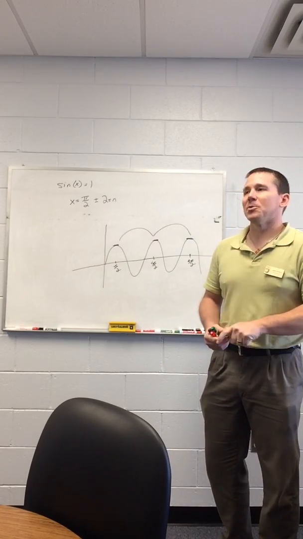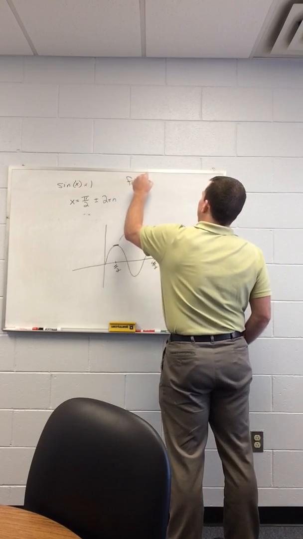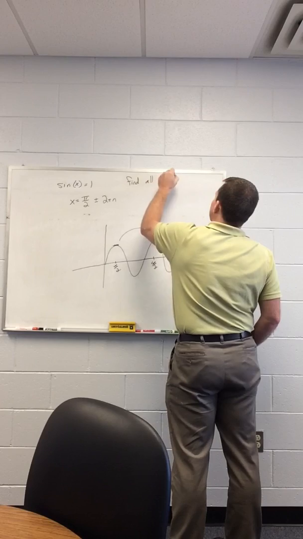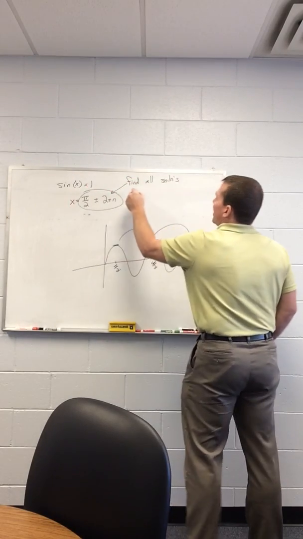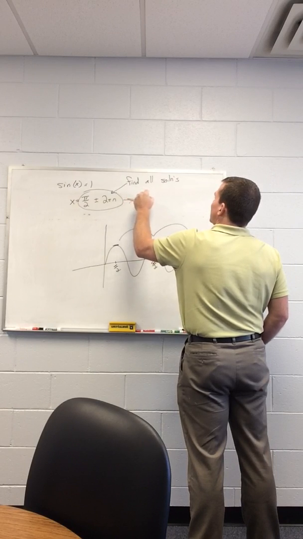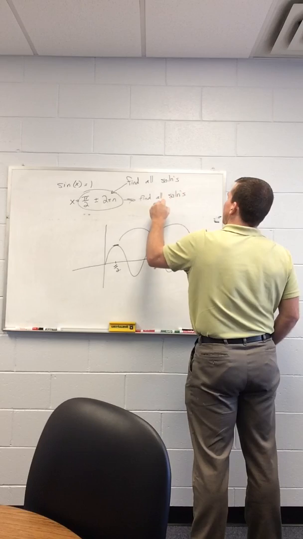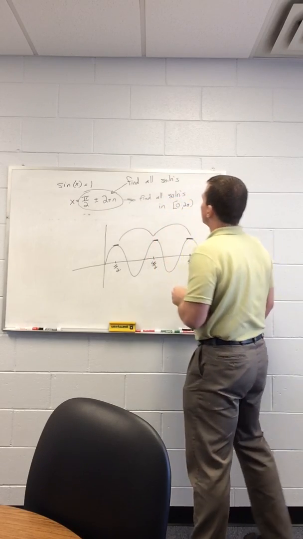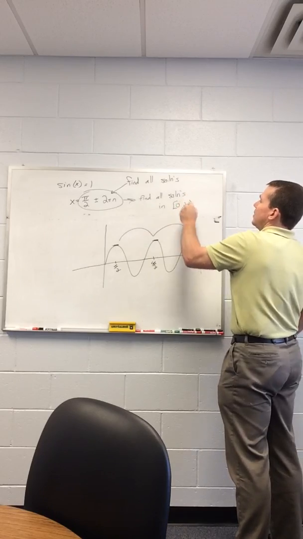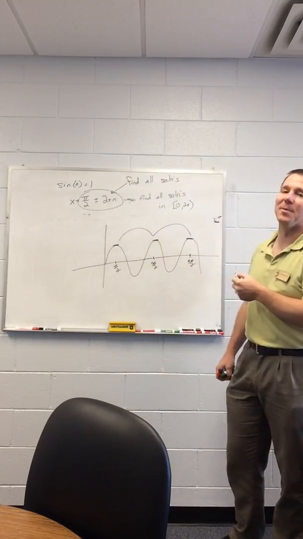But sometimes when we're solving problems, we'll explicitly be told to find all solutions, which would mean this infinite solution idea right here. Other times we'll be told find all solutions in the interval 0 to 2 pi, our standard unit circle approach. Generally, 2 pi won't be included. It's closed at 0, open at 2 pi.